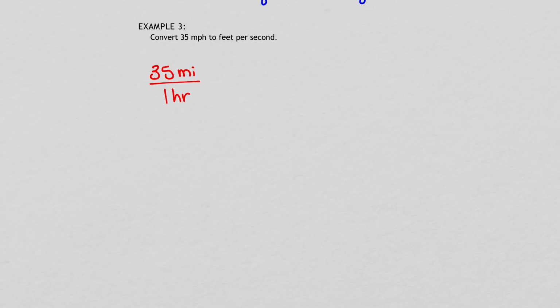So looking at the conversion sheet, I see that 1 mile is equal to 5,280 feet. So let's start with that. 1 mile will need to go on the bottom so that our miles will cancel. And then 5,280 feet on the top.